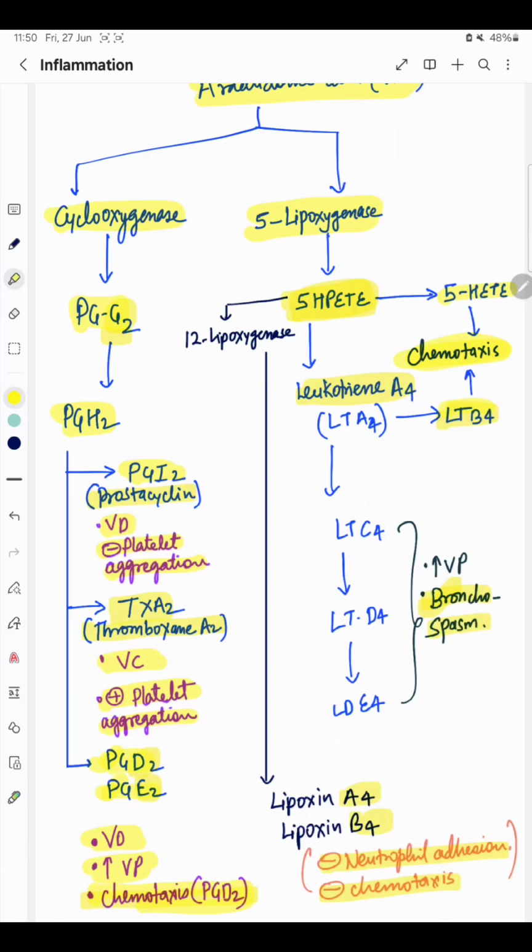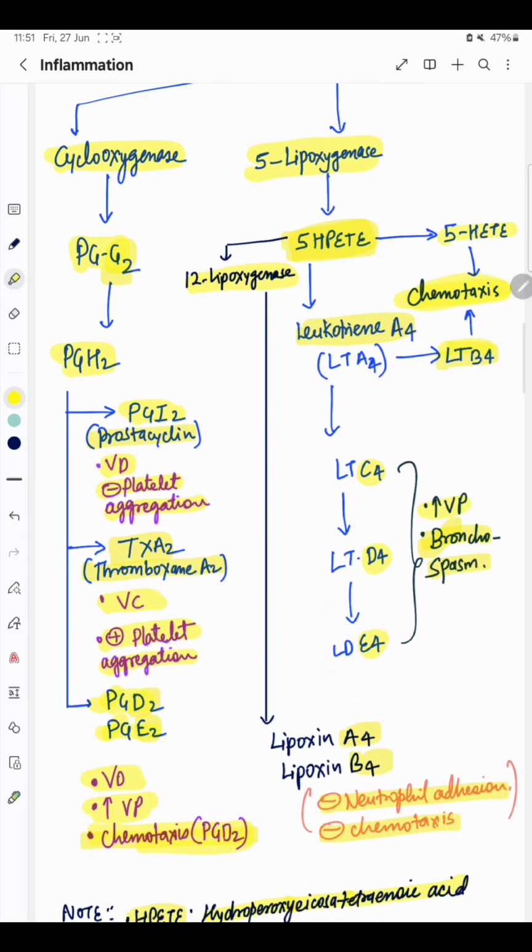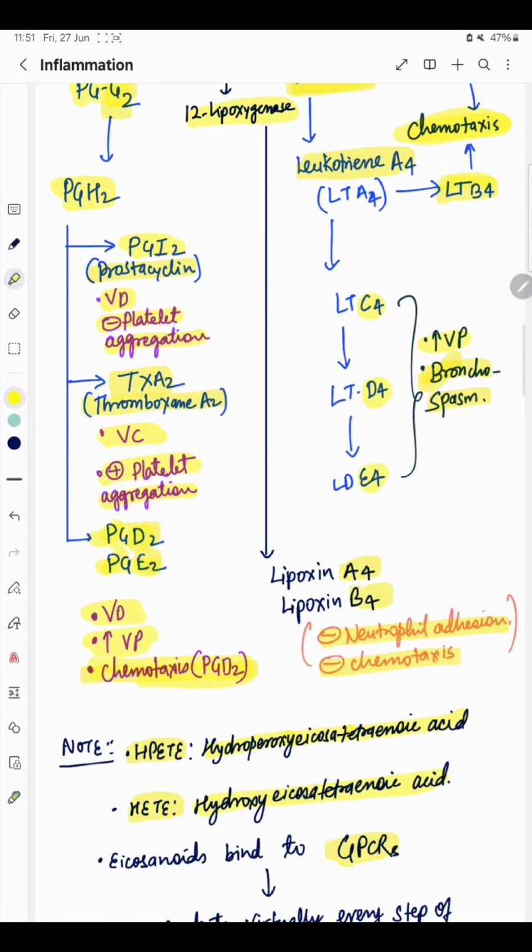Leukotriene A4 is converted into C4, leukotriene D4 and leukotriene E4. They increase vascular permeability and cause bronchospasm. On the other hand, 5-HPETE, by the action of 12-lipoxygenase, is converted into lipoxin A4 and lipoxin B4.